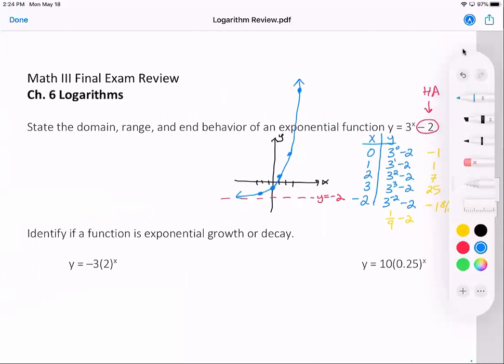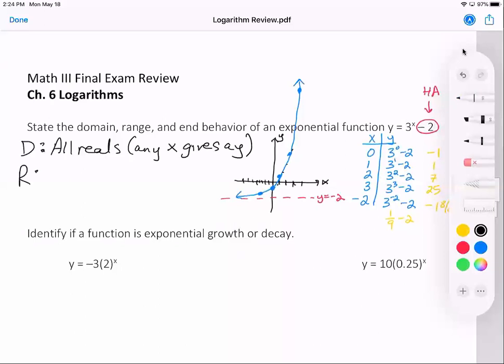Now you don't have to graph on your final exam, but either provided the function like that or providing the graph, maybe we'll give you the graph, you need to be able to state the domain and range and end behavior. So the domain would be all reals. You could put any x in and get a y in the function, or visually every x on this axis has a matching coordinate on the blue line, the graph.